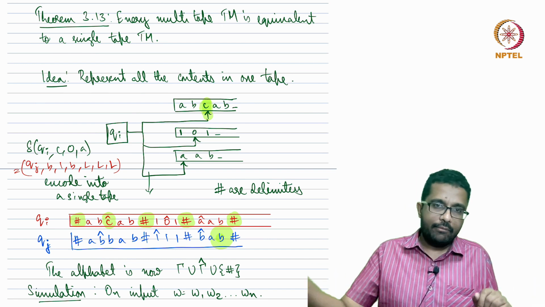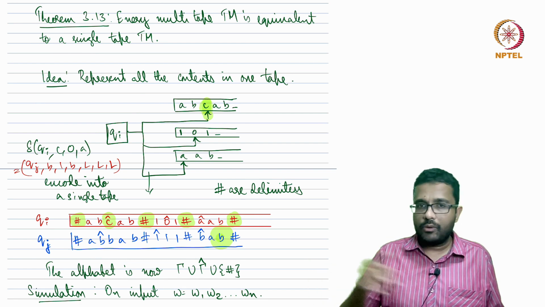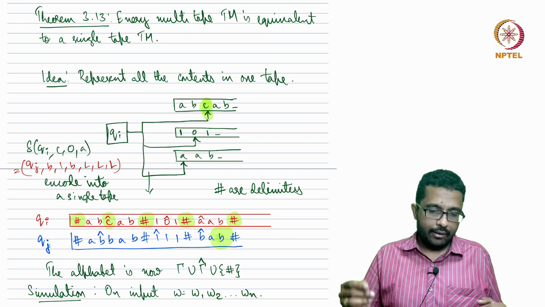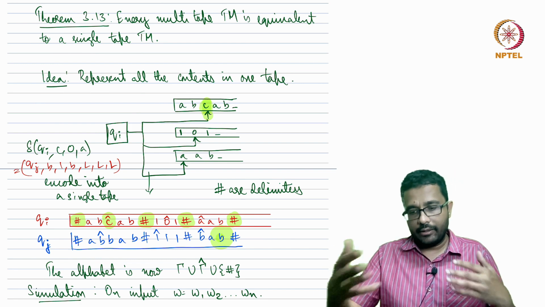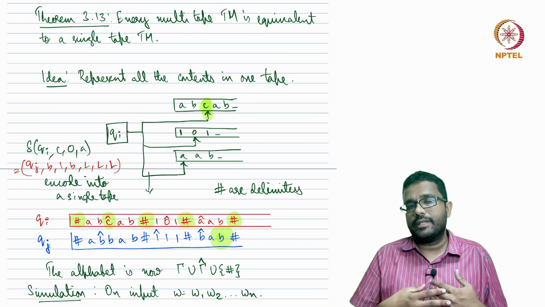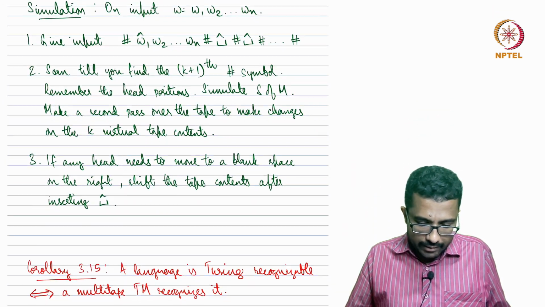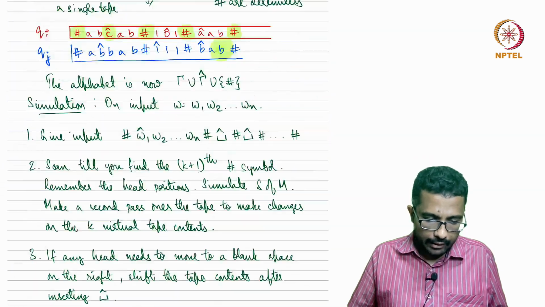And by sacrificing on the time, by making lots more moves left to right, we are able to reflect whatever happens in the multi-tape Turing machine in the single tape Turing machine. So that completes lecture 29.